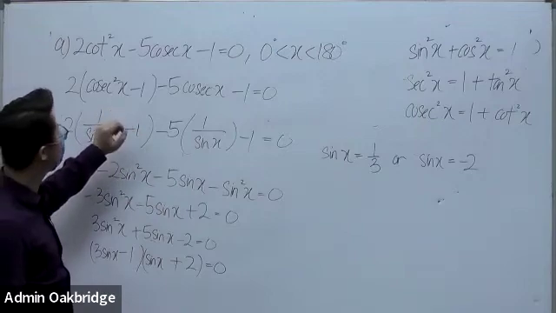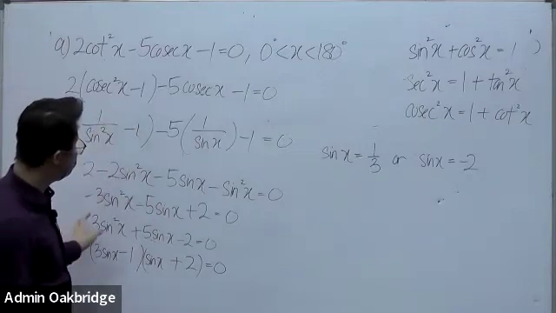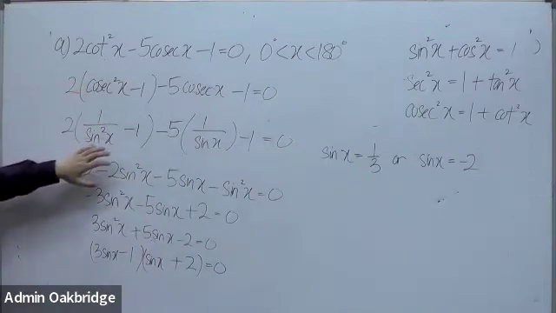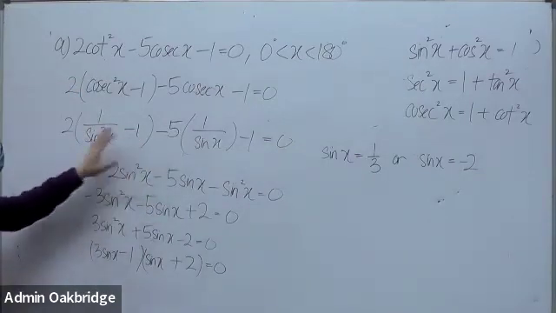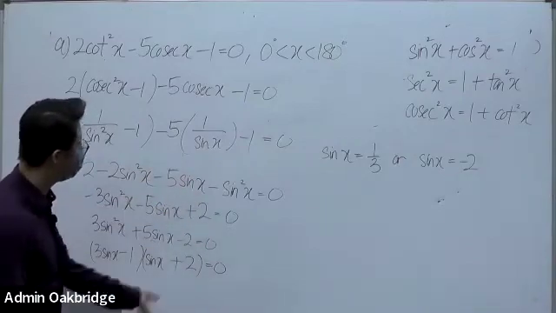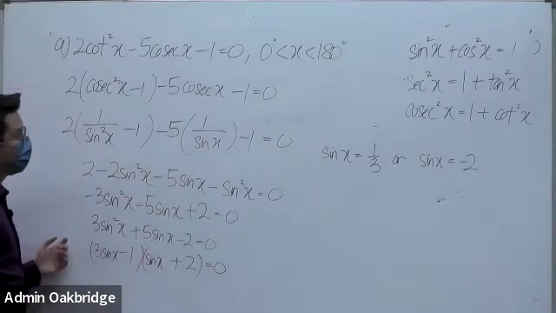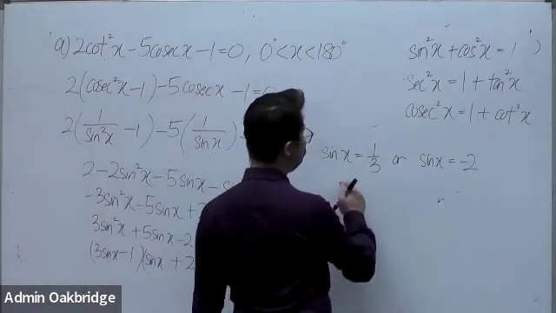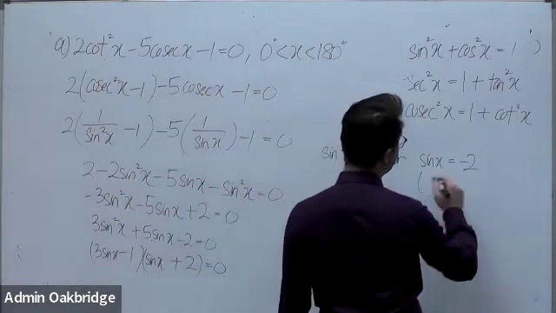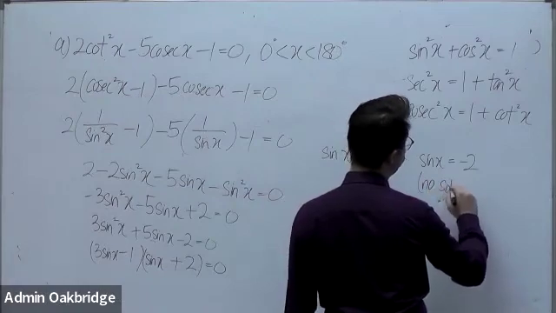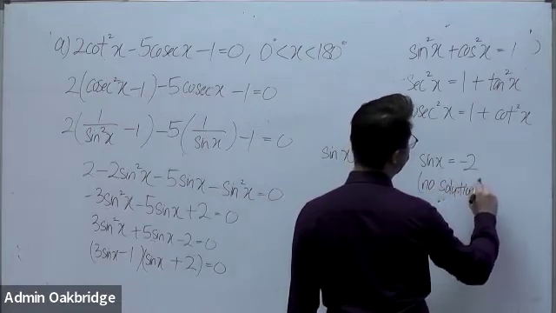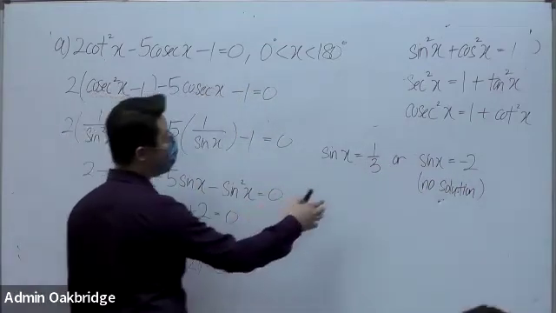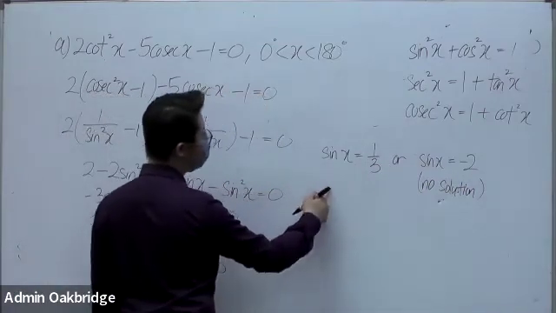So always change the reciprocal function to the original function first. Then simplify the equation, remove the denominators, and only then solve the quadratic equation. So this one is not possible. No solution. You know that the minimum value of sine x is -1 only. It cannot be -2.